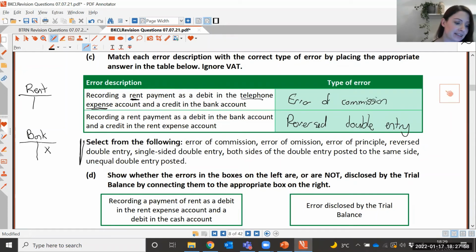So it will be entered on the credit side of the bank account. The rent expense account will increase, so it goes on the debit side, so it's a debit. Whereas in this, it says a rent payment as a debit to the bank account and a credit to the expense account. So they've done the opposite, so it's a reversal.